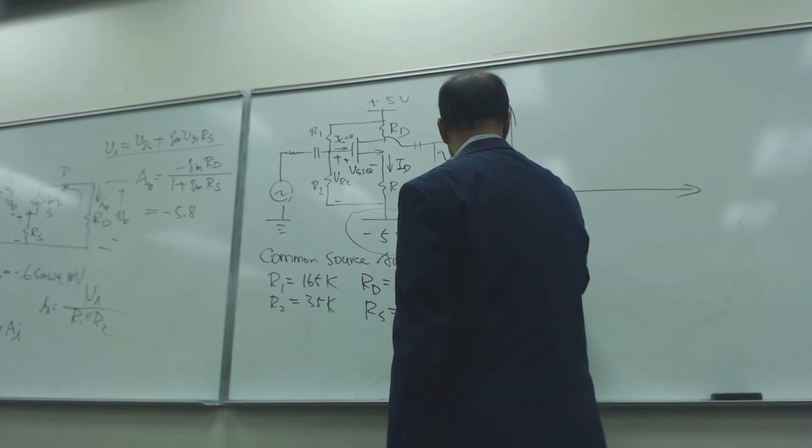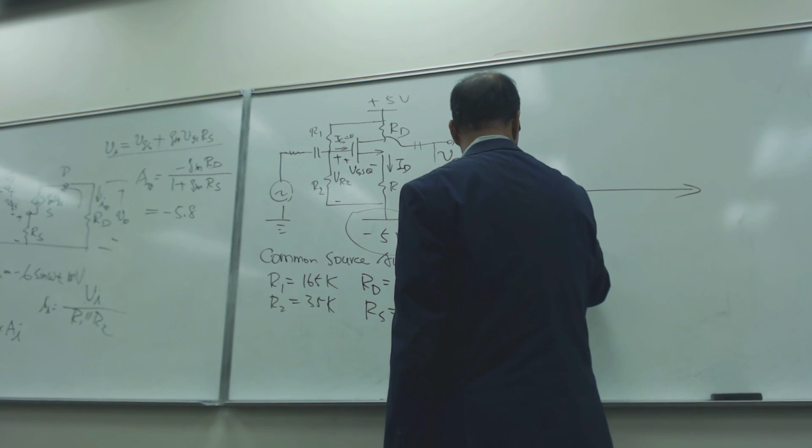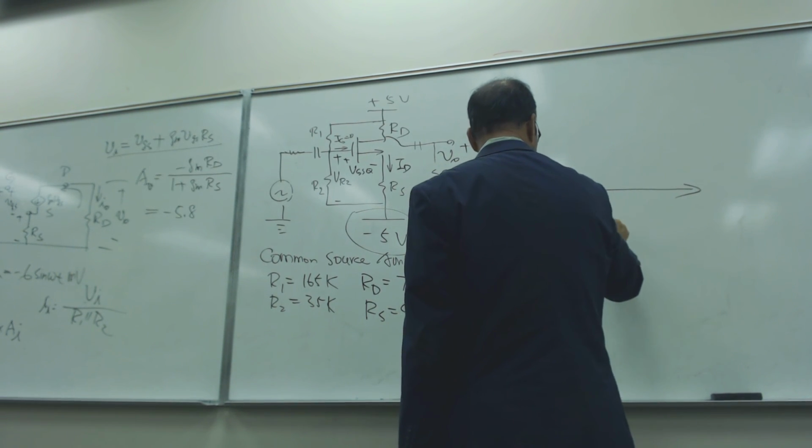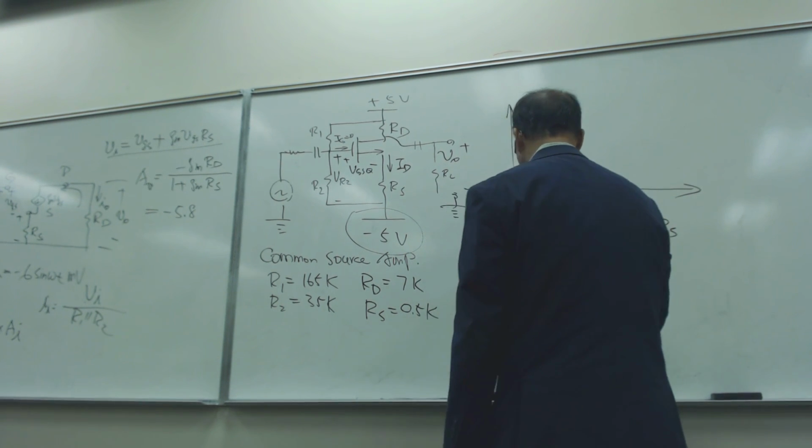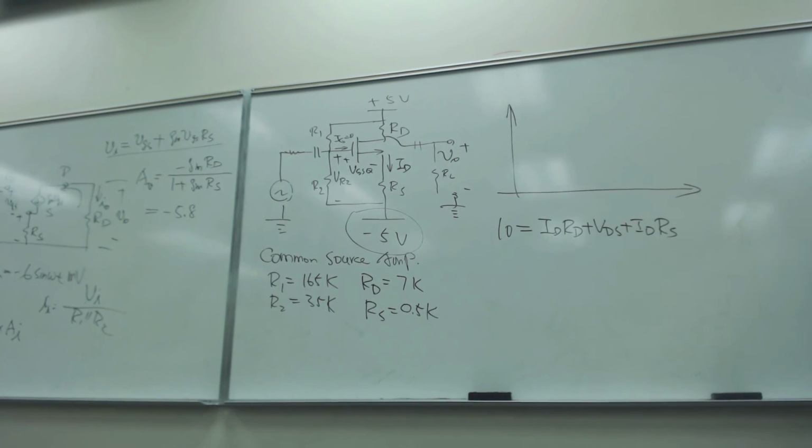So it's 10 equal to ID RD plus VDS plus ID RS, right? So that is the KVL of the output loop. So based on that, you can sketch the DC load line, right?